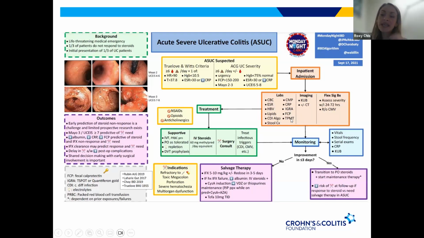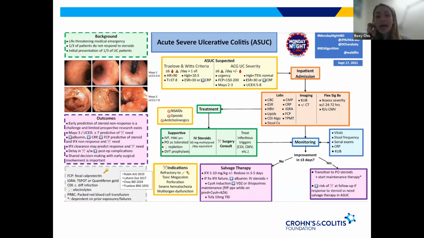All of those investigations are done in the event that we are going to need to start a biologic medication. And chances are that in patients who present this severely, we will want to start with basically our most effective and most potent drugs, which I'll talk about in a little bit. But these are patients that will need the big guns.